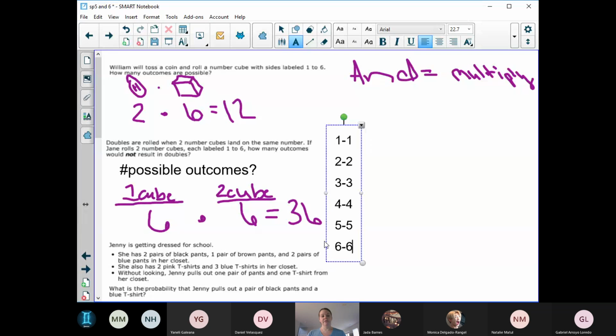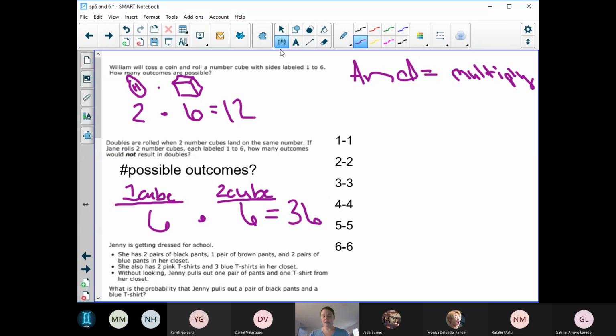So out of the 36 outcomes, how many of them are doubles? Right, these are 6.